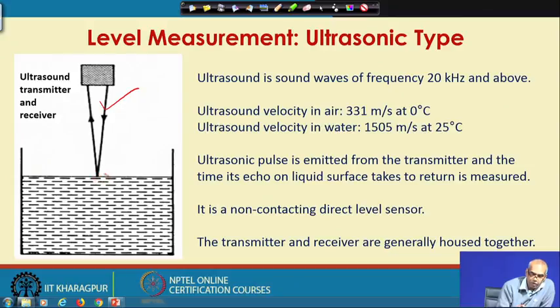This gets reflected from the top surface of the liquid and the receiver receives the echo. So, the ultrasonic transmitter transmits ultrasound, it is directed to the top surface of the liquid, it gets reflected from the top surface of the liquid and the ultrasonic receiver detects it.